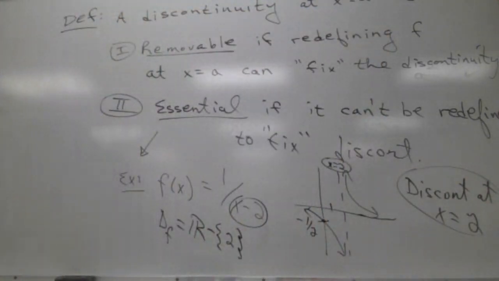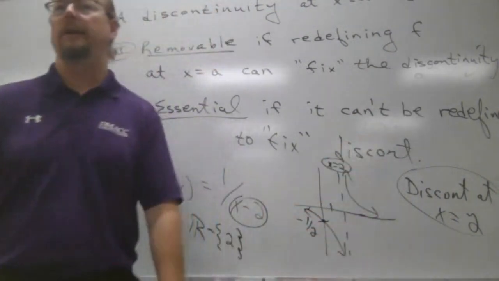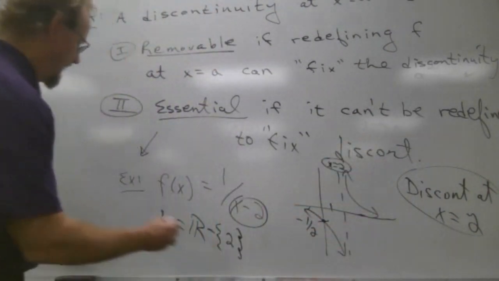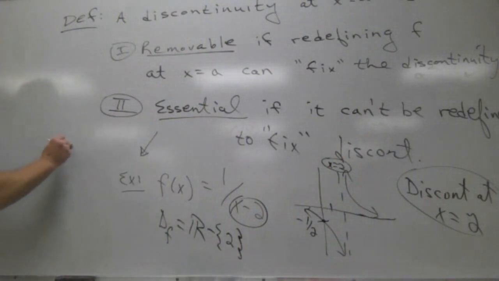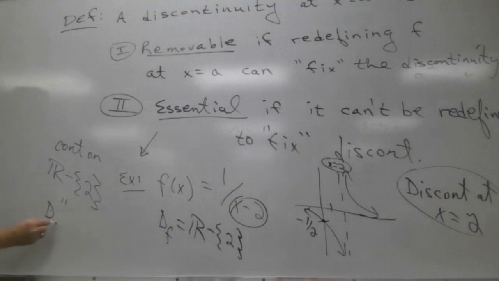So where is it continuous? We talked about continuity: you can draw the graph without lifting your pen. I can do that except for x equals 2. So this one is continuous on all reals excluding 2, which is the domain of f.